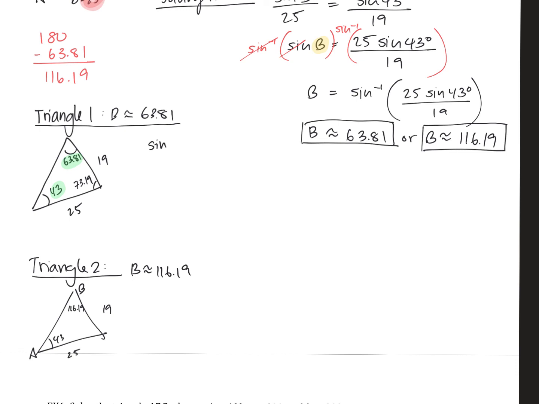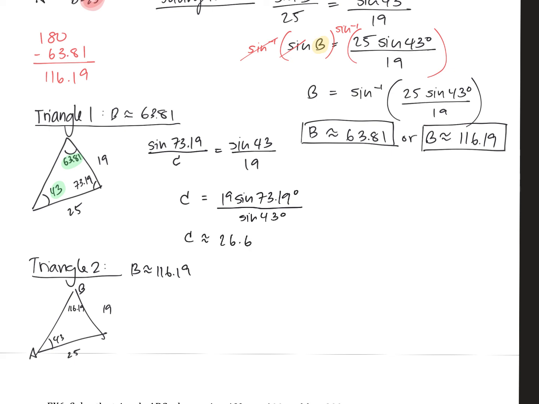And setting that equal to the value that we didn't approximate, because once again, try to stay away from approximations as much as possible, that's going to equal sine of 43 over 19, which means that c is going to be equal to 19 sine of 73.19 degrees divided by sine of 43 degrees. So c is going to be approximately equal to 26.67.